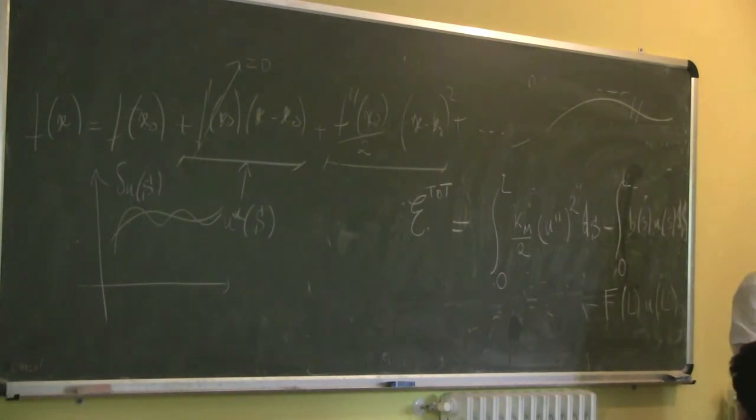Adding another unknown function. So you change a little bit the unknown function, you get another function, and the total energy must have a greater value for every delta U you are adding to your U star.